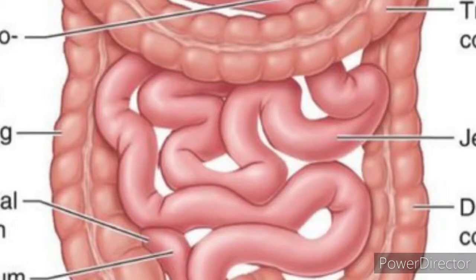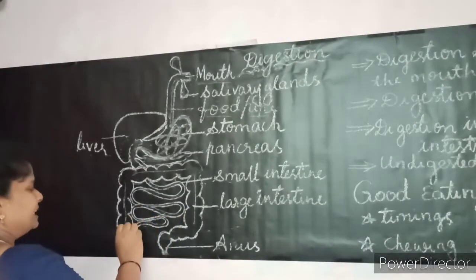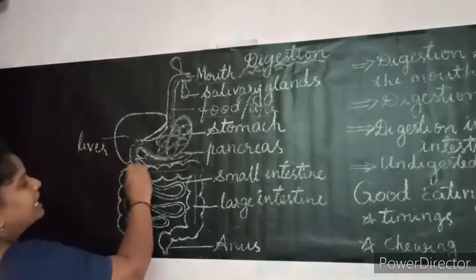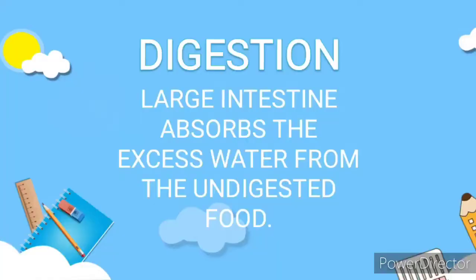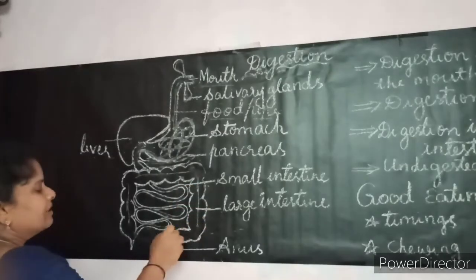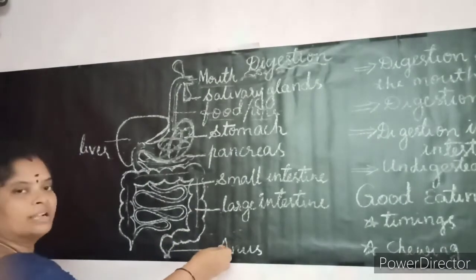After that, they mix with our blood and are sent to all the parts of the body. The food remains enter into the large intestine. Here the large intestine absorbs the excess water from the food and the remaining waste is sent out through the opening called the anus.